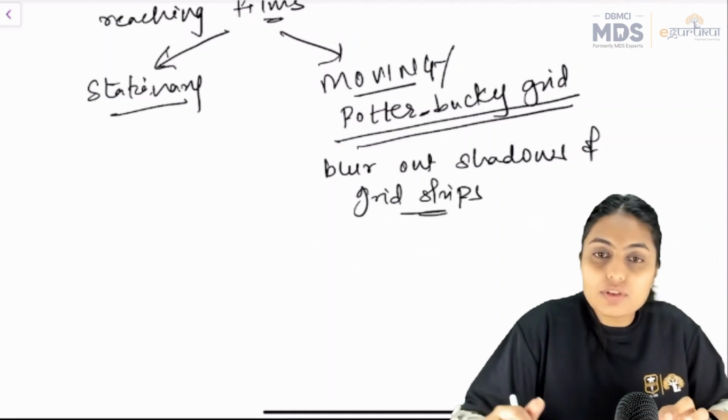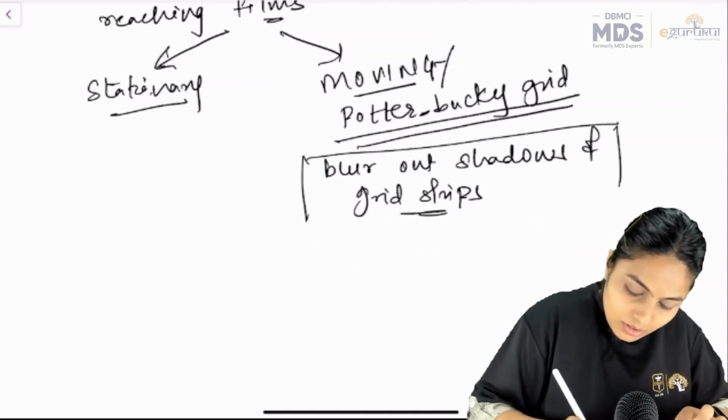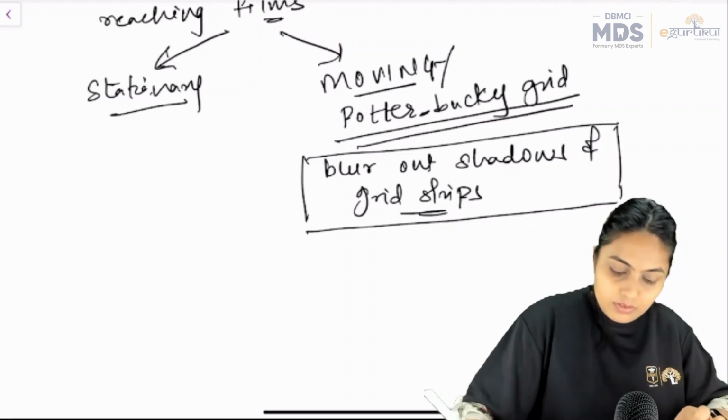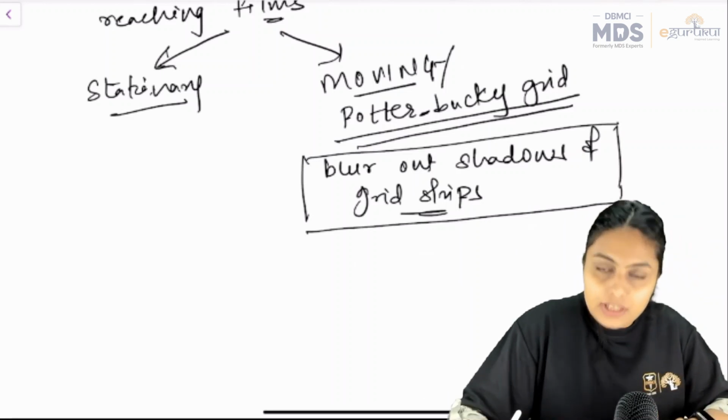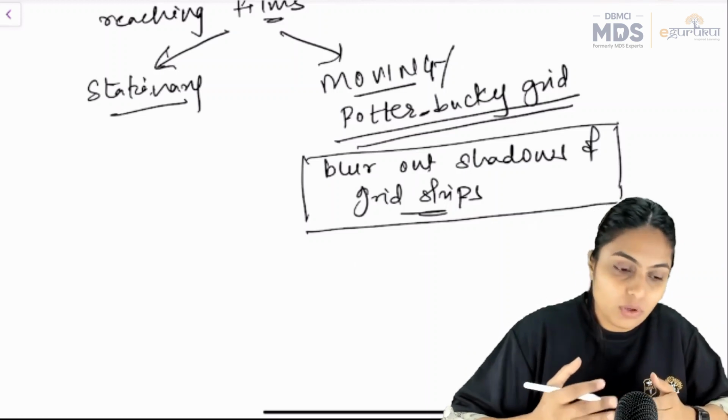So what is the advantage of using a moving grid? It blurs out shadows of grid strips on the film.